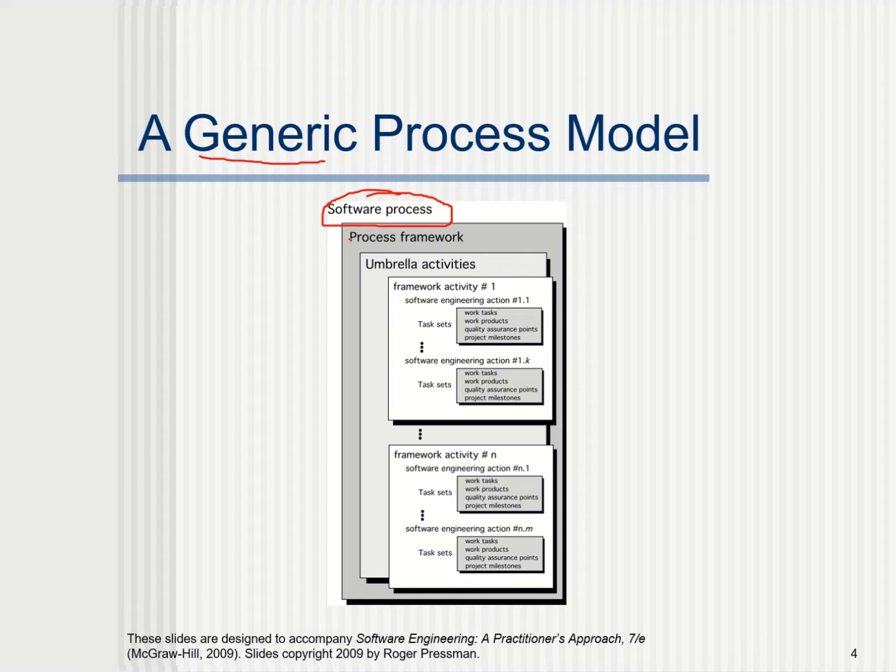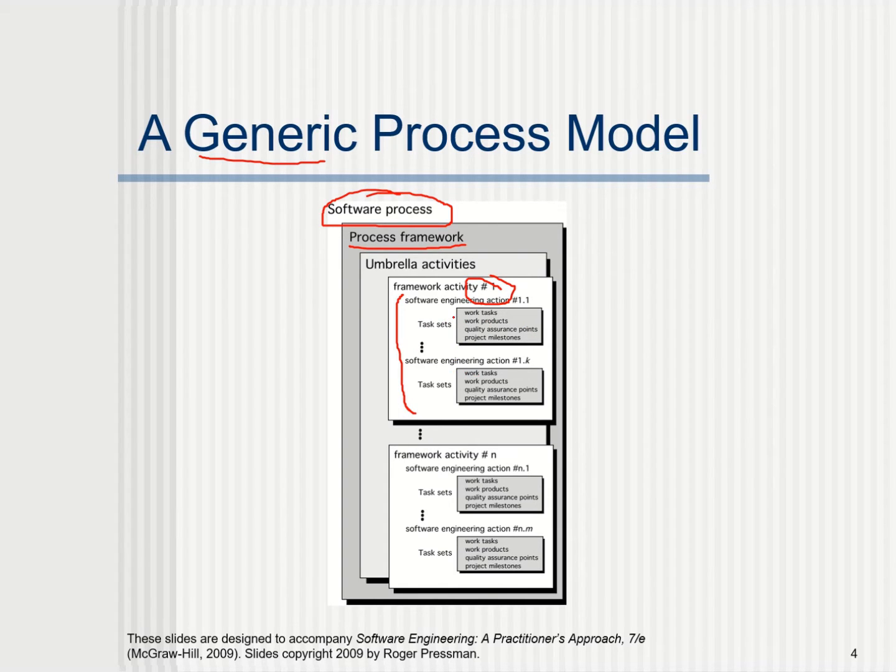Inside that, we have the process framework, and the process framework is further decomposed into various umbrella activities, and each activity is allocated a number, framework activity 1, and inside that activity we have various actions, and we have also numbered those actions.